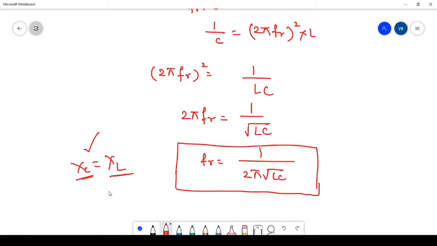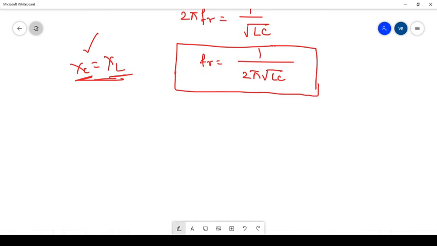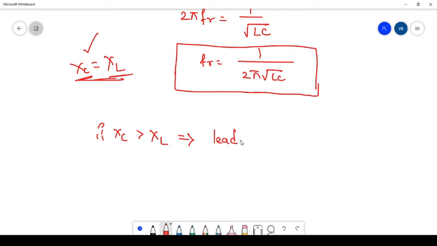Now, if we are not getting this condition, that is XC is not equal to XL. So whenever XC is greater than XL, what does this mean? That is, the reactance component of the capacitor is greater than the reactance component of the inductor. If this condition occurs, then the entire signal will lead, that is, it will lead before applying the input signal by a particular value.